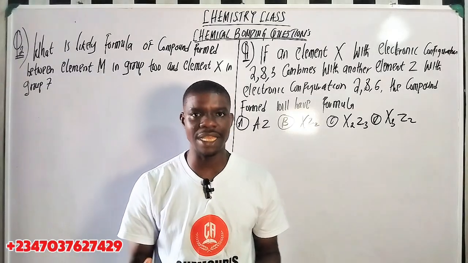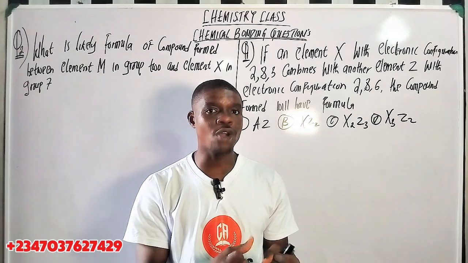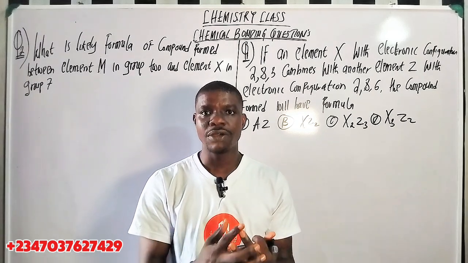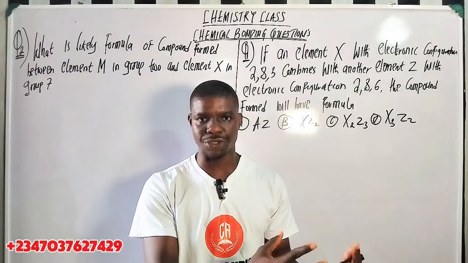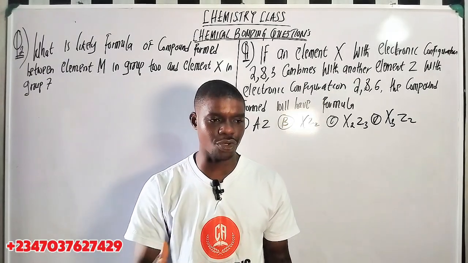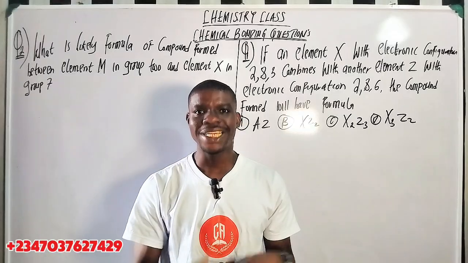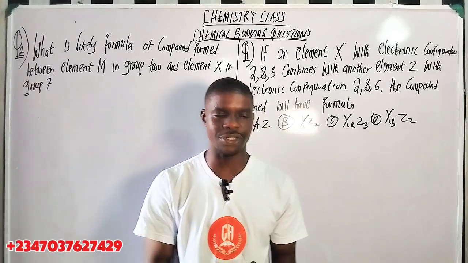So the key concept here is that they can either lose, gain or share their valence electrons, the outermost shell electrons, in order to attain the octet. They will do everything possible to attain the octet, which is the stable configuration.